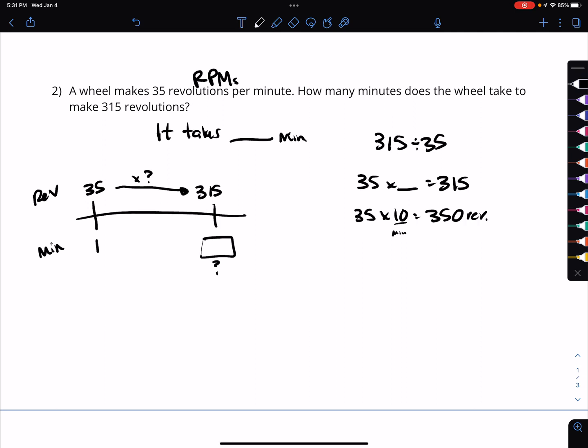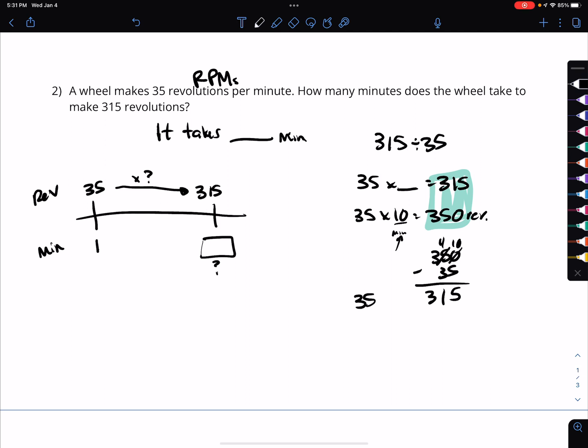And so I'm noticing a little bit of a relationship between these two numbers, where if I do 350 minus 35, I get 315. So that means if we go for one less minute, we would end up with 315 revolutions.